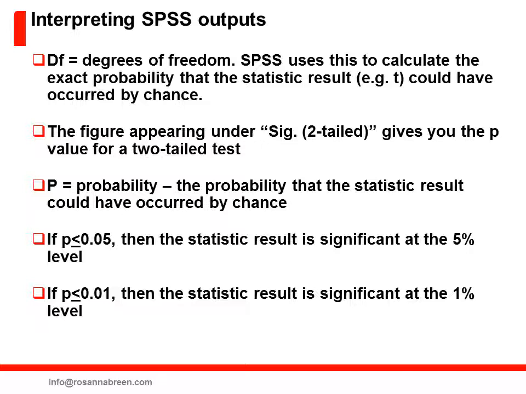If it's statistically reliable, significant at the p less than 0.01 level, then that's a really good result, and that shows that the result is significant at the 1% level. We normally report whether our results are below the 0.05 level or the 0.01 level.